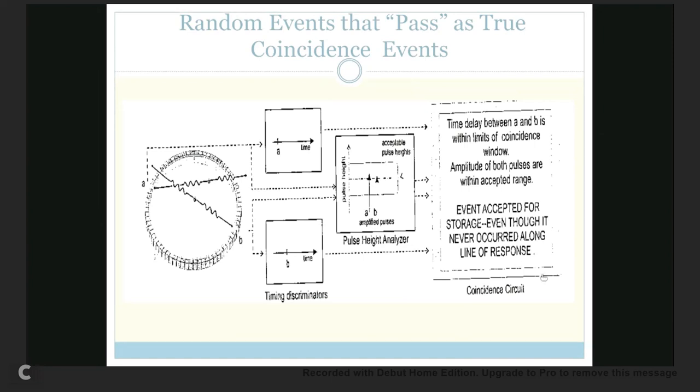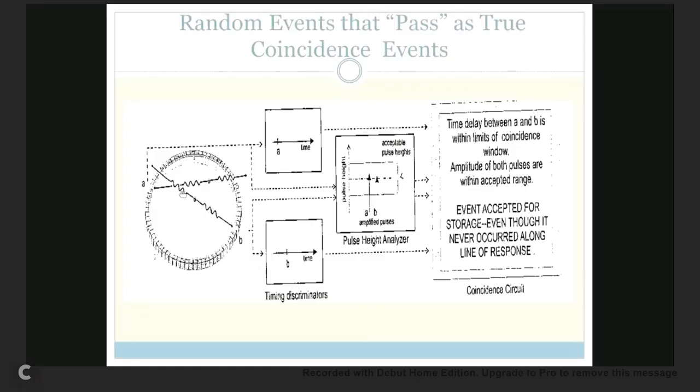So, question. Is this two separate annihilation events? Yes. So you have an A and you have a B, right? So the fact that both the second half of A and the second half of B went through is only because they went through within that time frame that was set by the coincidence.